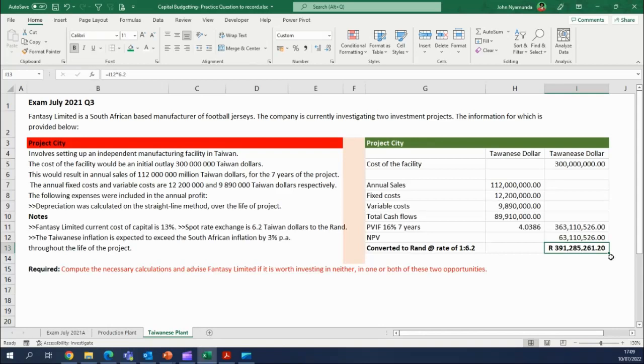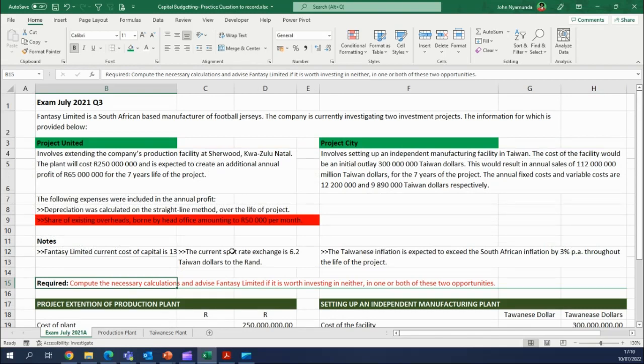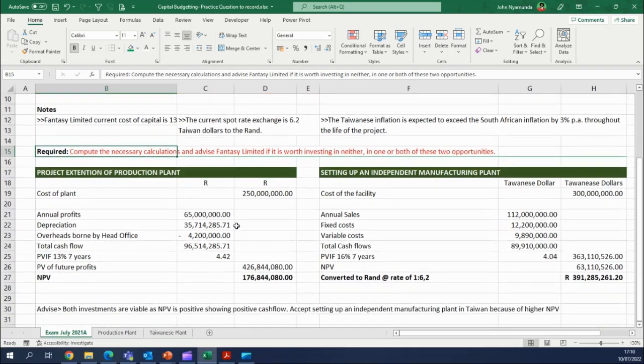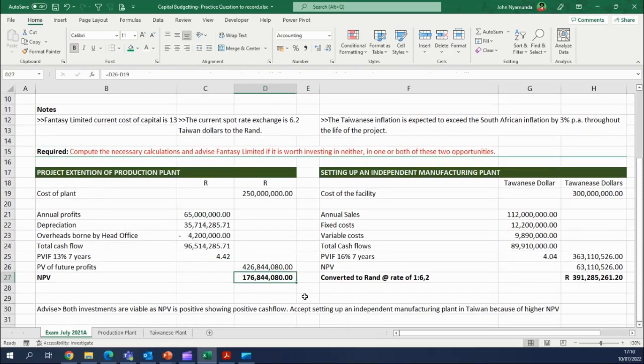That's a big number. The good thing is it's a positive NPV, which means if it was only this project, we would simply say invest. But since we have two projects, we need to recommend one of them. So we go back to our initial tab. Investing locally gives you 176.8 million. Investing in Taiwan gives you 391.